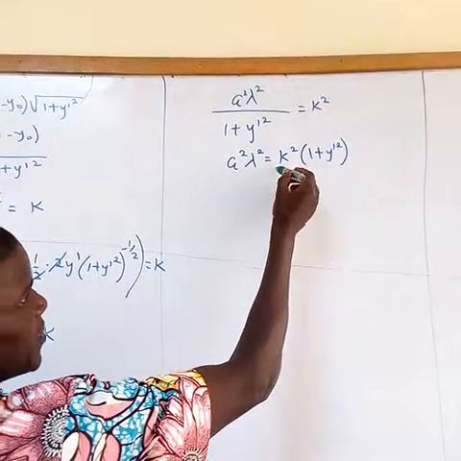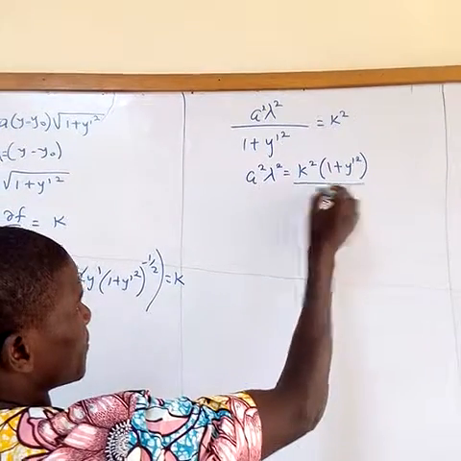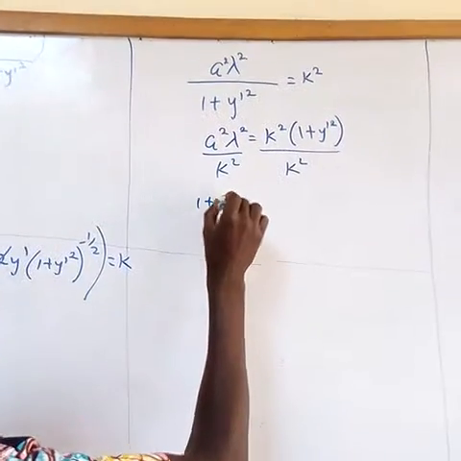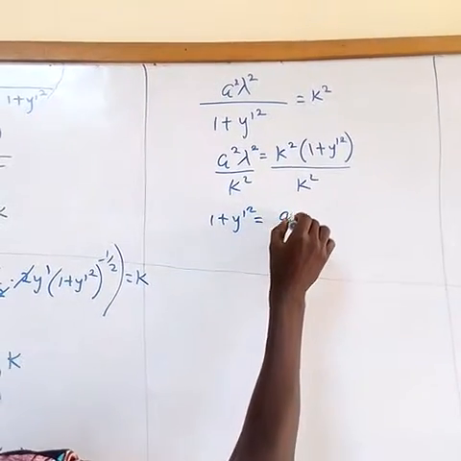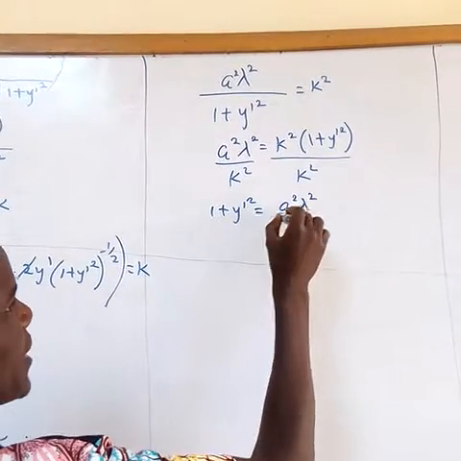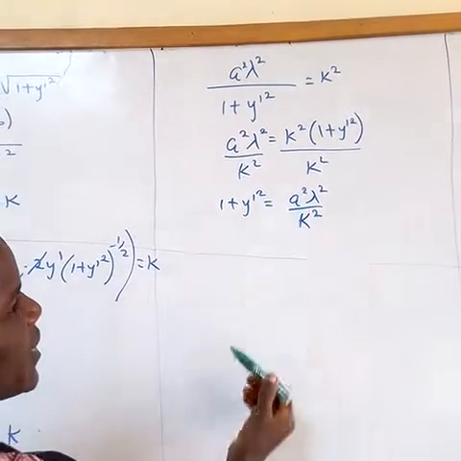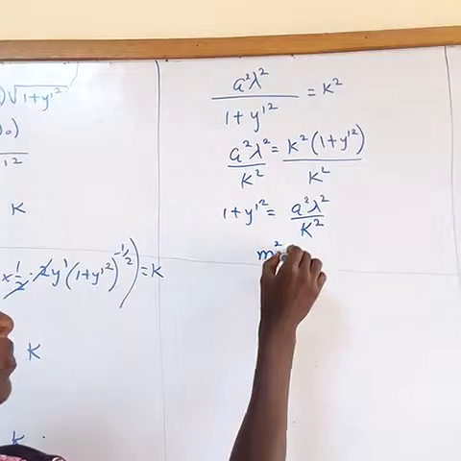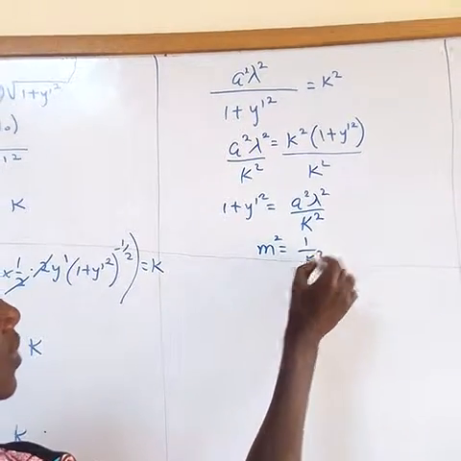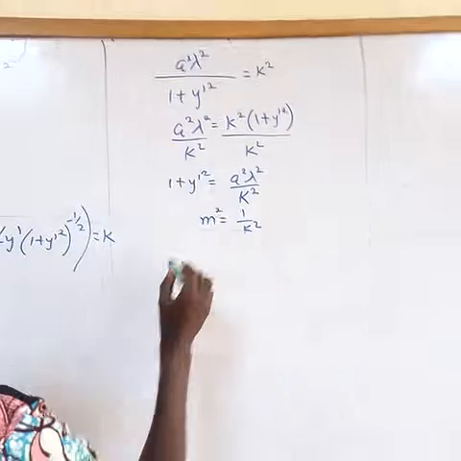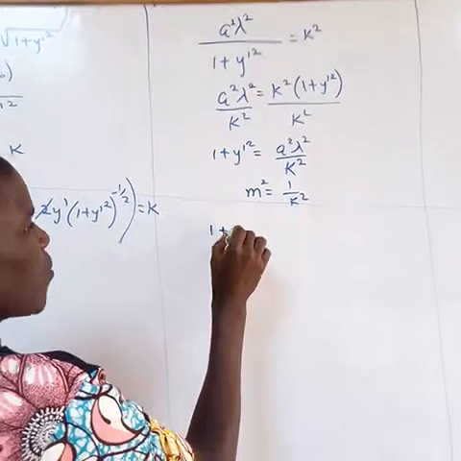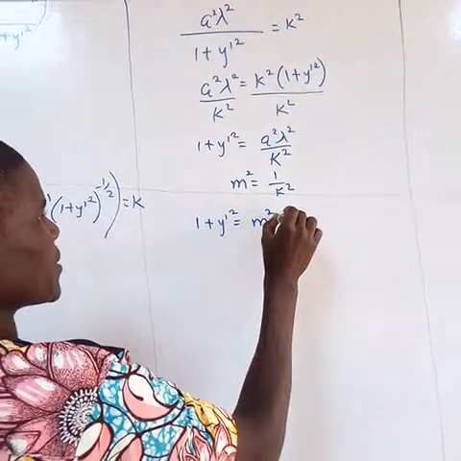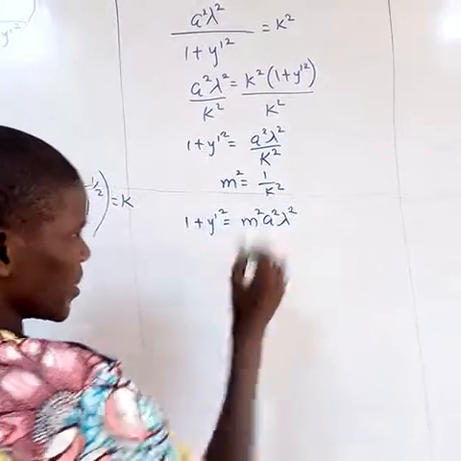So let's divide all through by k squared. So automatically our 1 plus y prime squared is equal to a squared lambda squared against k squared. Since we know that we can represent the constant by m squared, which is equal to 1 over k squared, so automatically this expression eventually becomes 1 plus y prime squared is equal to m squared a squared lambda squared.